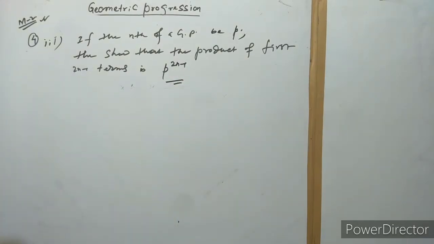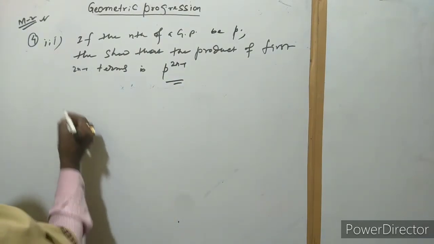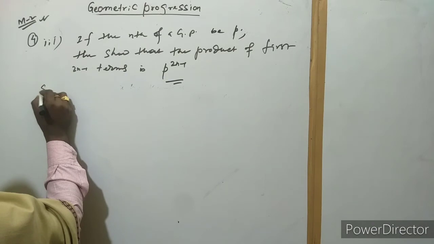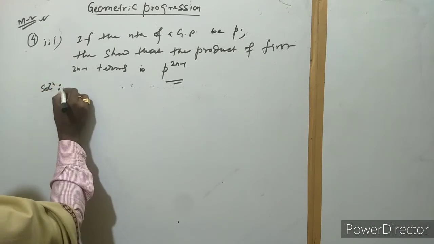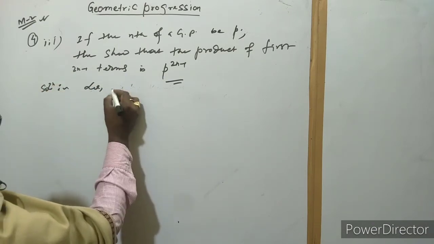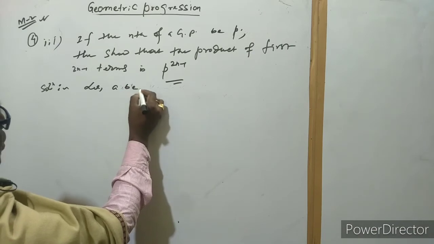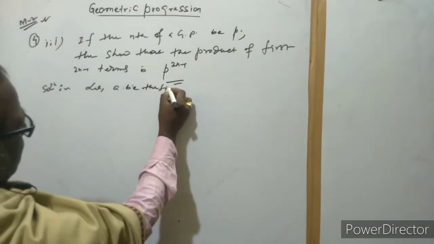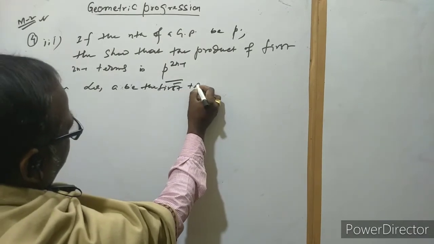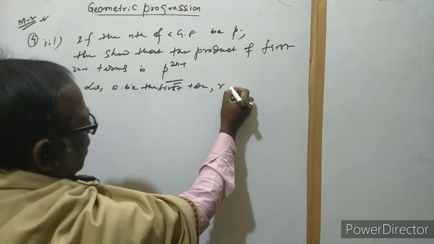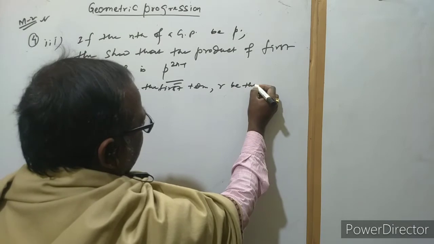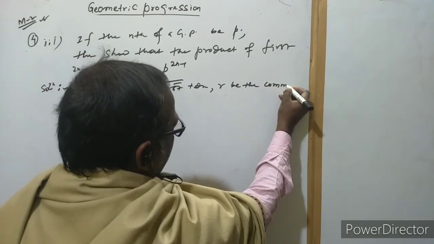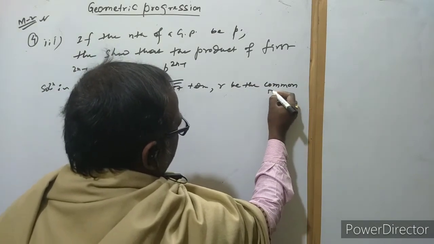Okay, so same we can solve. Let A be the first term and R be the common ratio.